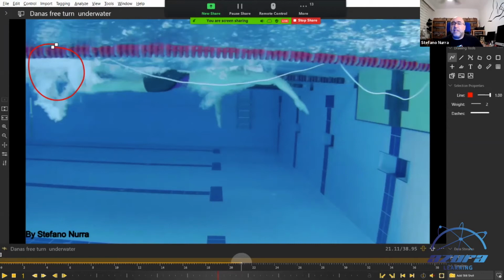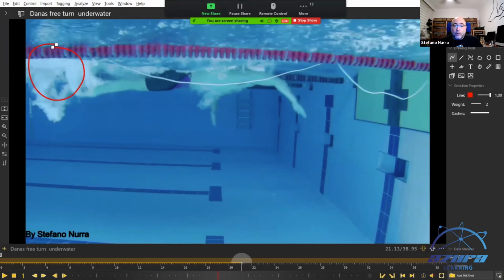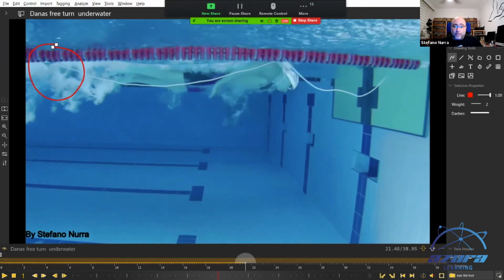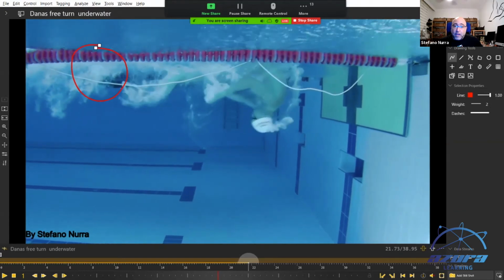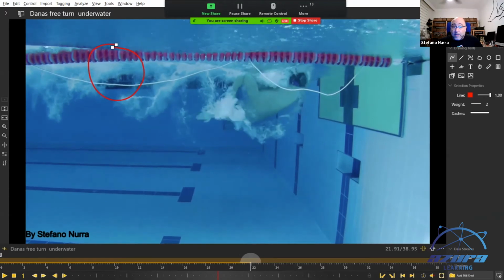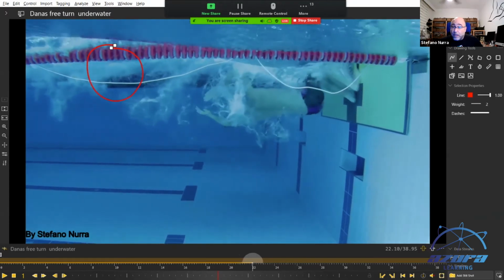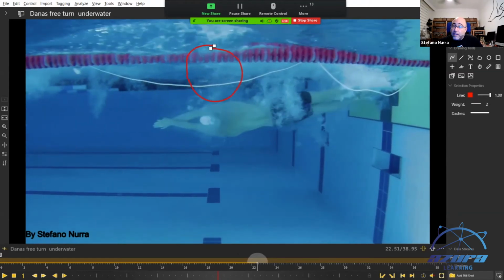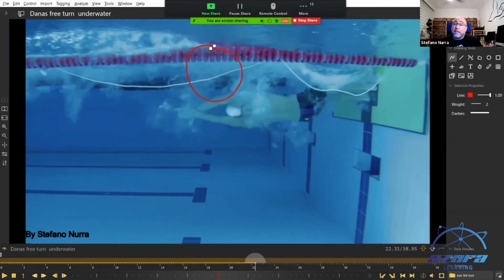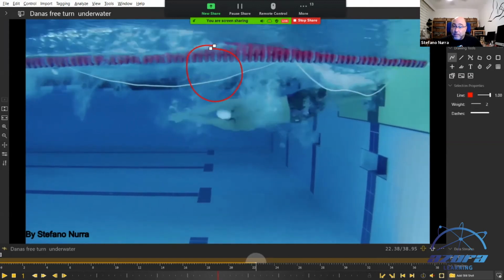So the swimmer is swimming, the wave is coming, there is the wall, but the wave is still there. If the swimmer doesn't go deep enough, he can crash into the wave and slow down the body a lot. So we need at least to avoid the wave.